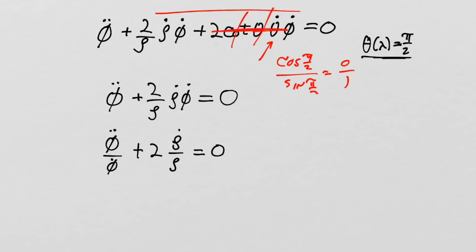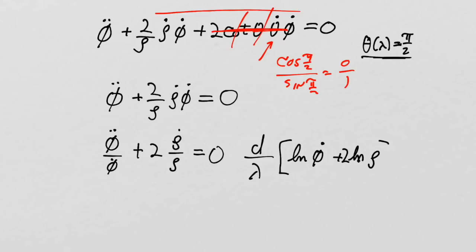So I'm going to rewrite this as the derivative with respect to lambda of the log of phi dot plus 2 times the log of rho, which you could also write as plus the log of rho squared.